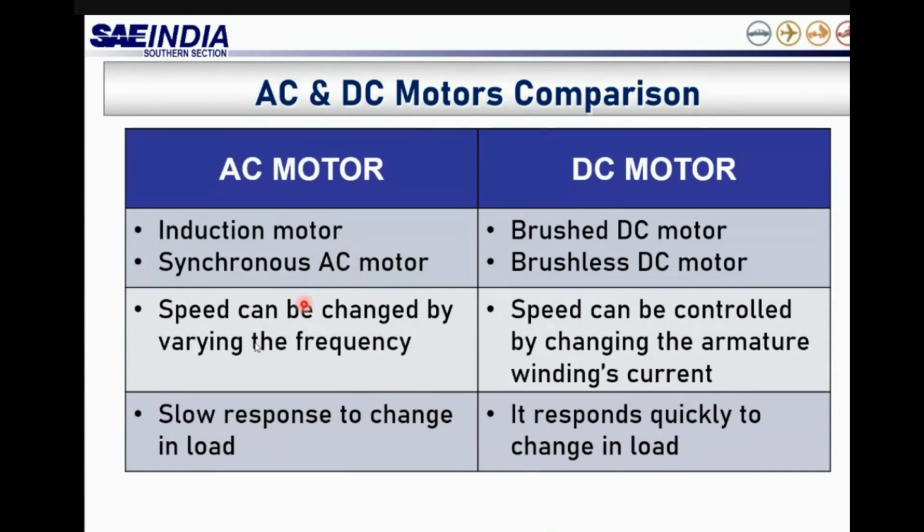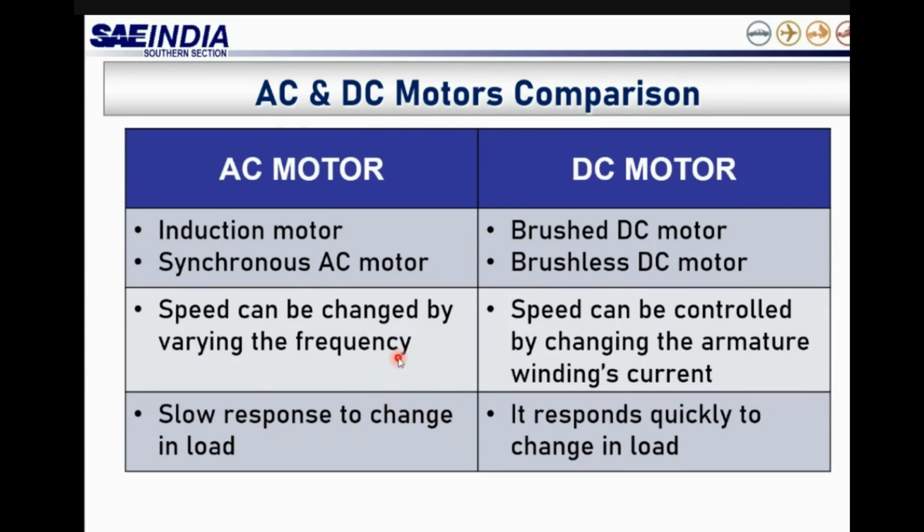Now, one quick table comparing an AC motor and a DC motor. For AC you have induction and synchronous motors, whereas for DC motors you can have a brush or a brushless DC motor. The speed of the motor is directly controlled by the PWM signal you send.